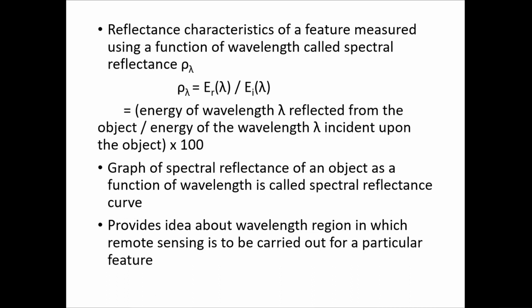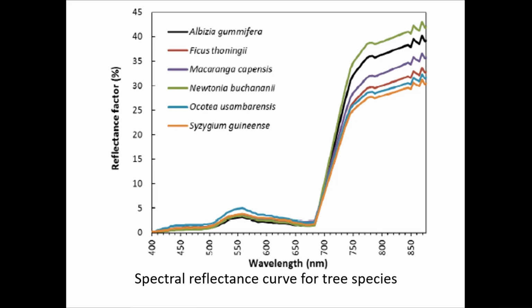So that graph of spectral reflectance of an object as a function of wavelength is called the spectral reflectance curve or spectral reflectance pattern. So that provides an idea about the wavelength or region in which remote sensing is to be carried out for a particular feature. For example, here you can see the spectral reflectance curve for different tree species, right? So if you look at the initial visible region, you can see, let us go to the longer wavelengths later.